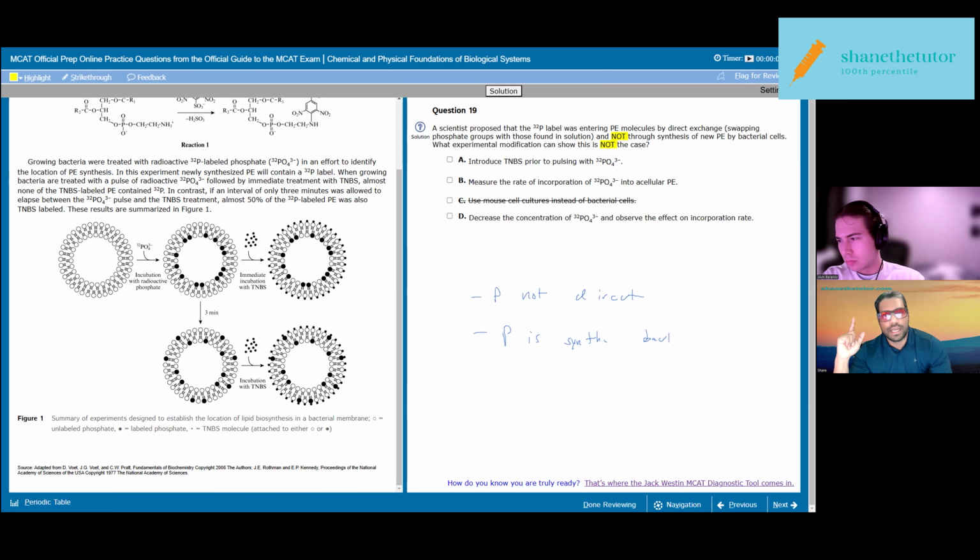And I guess you should see a smaller amount perhaps, because if acellular PE was labeled, that would support the case that it's through direct exchange rather than synthesis.